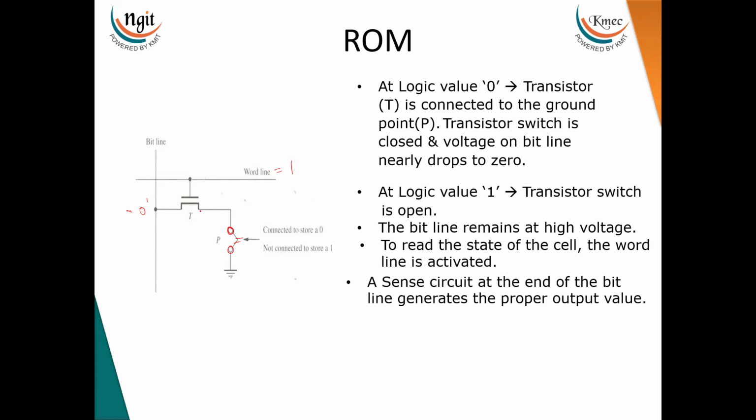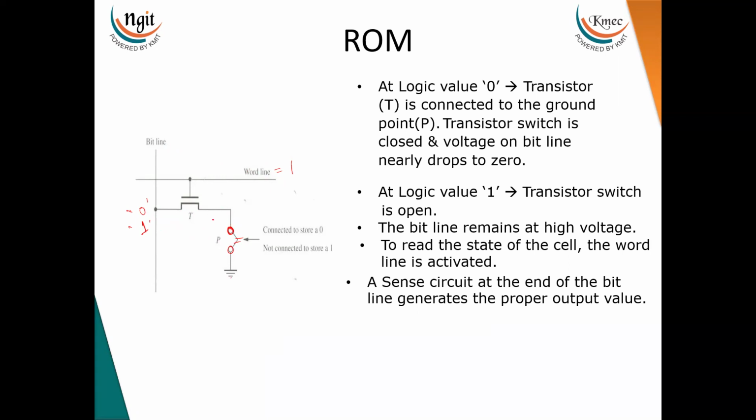Open means whenever the word line is equal to 1, on the bit line logic 1 will appear. So for logic 0 this connection should be there, and for logic 1 this connection should not be there, meaning P is open.